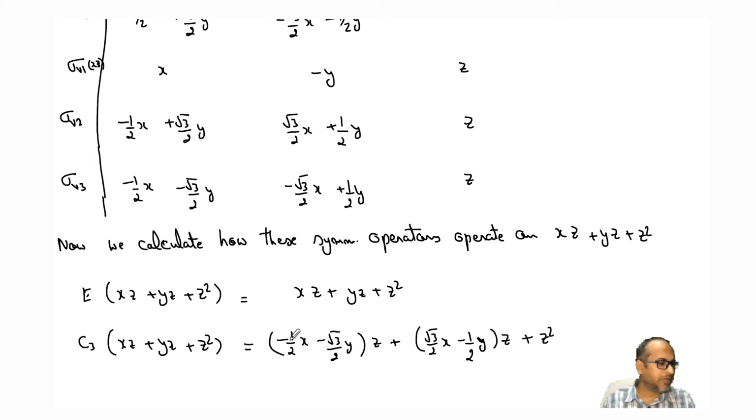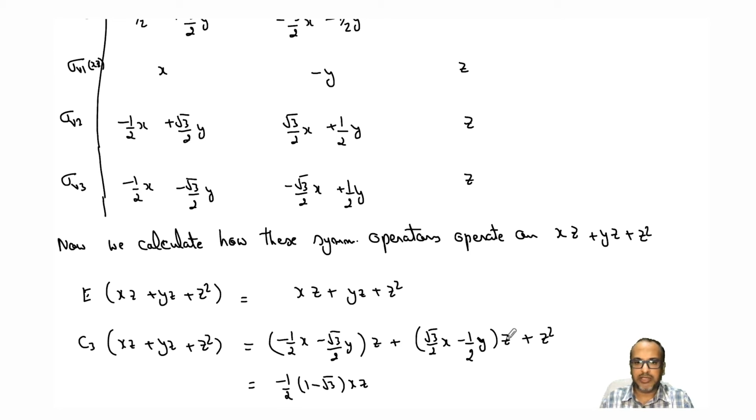Now we can separate these out, separate out the variables. So if we take xz common, we will have xz coming from here also, so we can write this as minus half 1 minus root 3 xz.